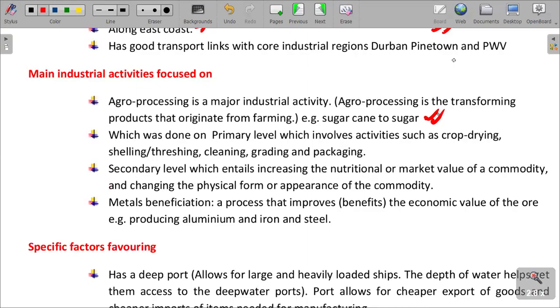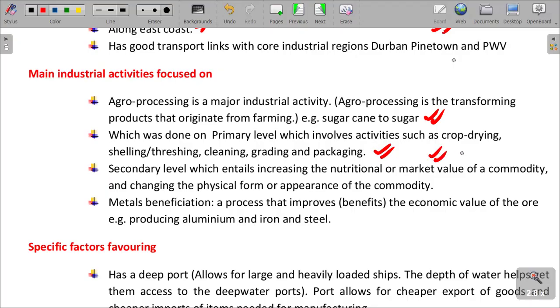Business is mostly concentrated on or related to agricultural products. At the primary level, it involves activities such as crop drying, shelling, threshing, cleaning, grading, and packaging. We talk about the secondary level, which entails increasing the nutritional value or market value.